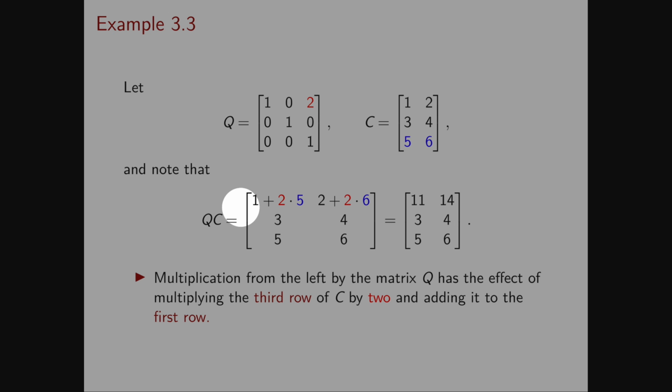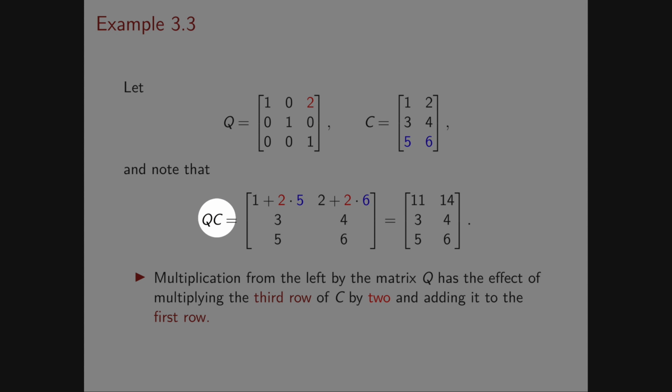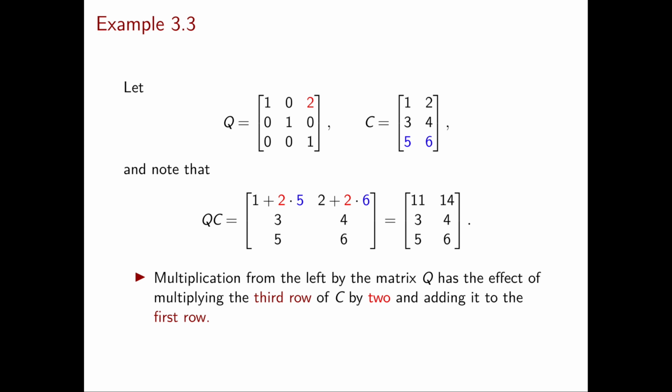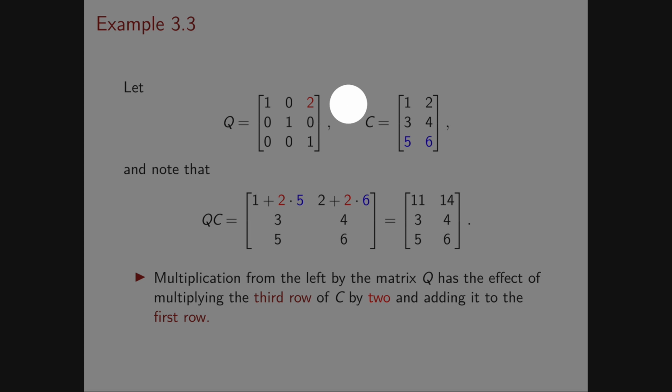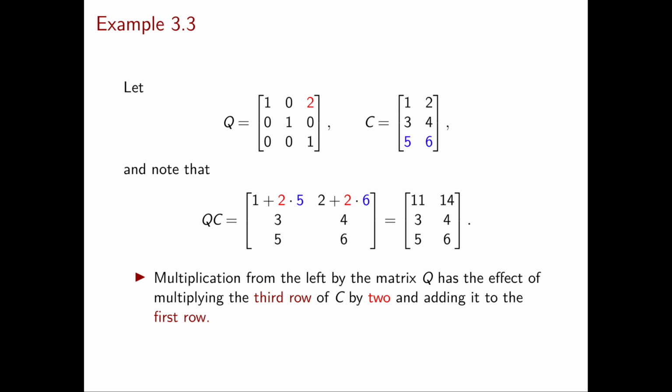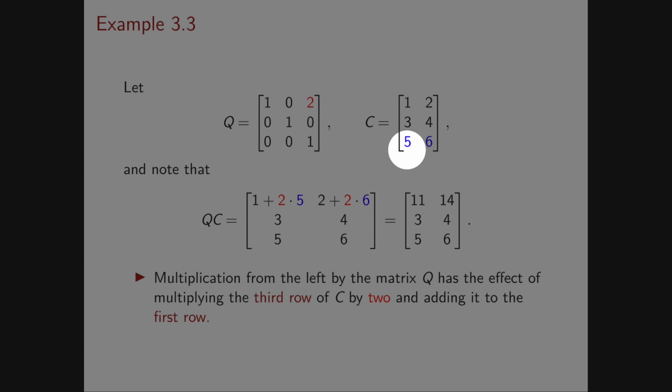So to summarize, the first row of QC is equal to the original first row of C. You see the 1 and 2 over here match the 1 and 2 over here, plus 2 times the coefficient here, 5 and 6, which correspond to the third row of C. So overall, multiplying the matrix C on the left by Q had the effect of multiplying the third row of C by 2 and adding it to the first row.